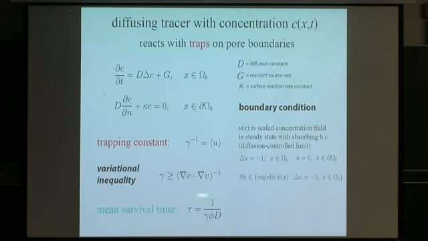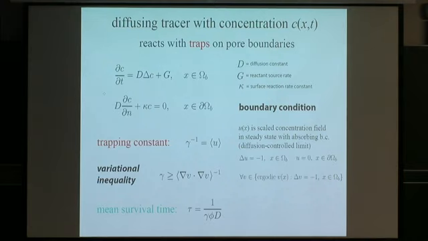And then there's, similar to the electrical problem, a variational inequality for a lower bound for the trapping constant, and this is one of the standard ideas in homogenization. You get this sort of energy inequality, and then the idea is that any field, any electric field, or in this case the fluid-related field or the concentration field, that satisfies the fundamental mathematical conditions and the boundary conditions, any field that you can plug in there, gives you a bound.